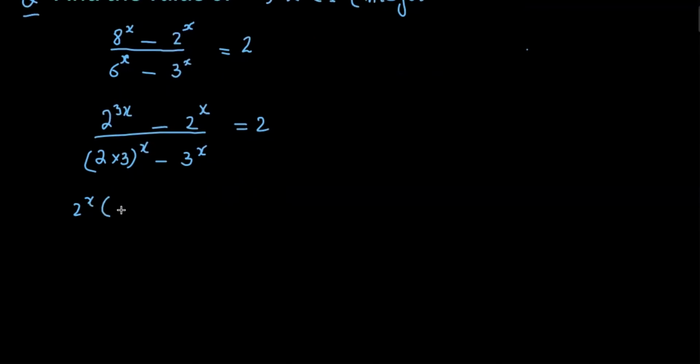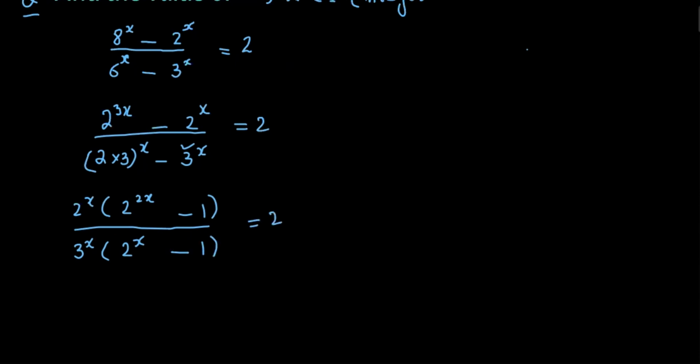You see here that the value becomes 2 power 2x minus 1 over 2 power x, into 3 power x minus 3 power x. You can see here 3 power x is taken as a common. Now take 3 power x common, you get 2 power x minus 1.